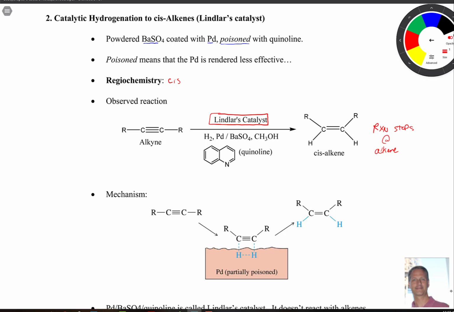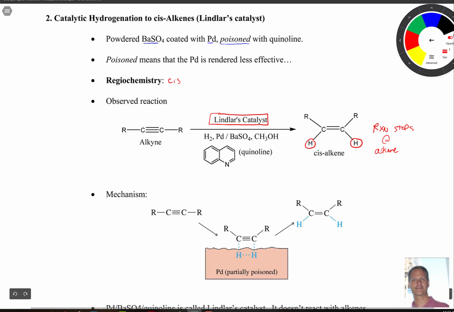Okay, so that ends up giving us a cis alkene. So just to reiterate what we've seen so far, we can take an alkyne and go all the way to an alkane. That's just with H2 and a catalyst, palladium or something. Or we can use Lindlar's and take the alkyne to the cis alkene.